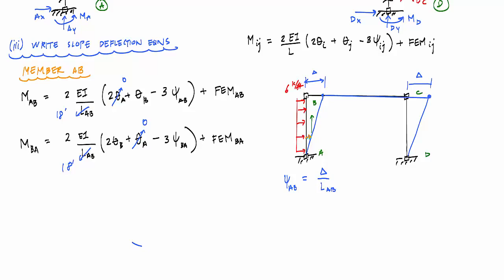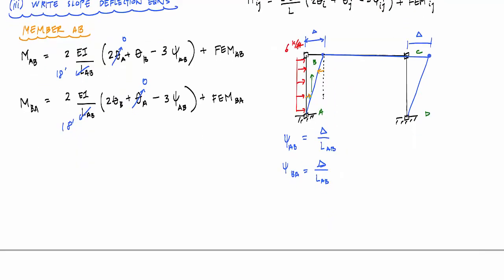And then again, if I look from the perspective of point B, here was the original, straight member AB, and my chord rotation was like this. That would also be a positive clockwise rotation, and psi BA is also equal to delta over LAB. Again, these units are in radians. All this tells you is that psi AB equals psi BA. So I'm just going to call this over here psi AB. Now I want to determine the fixed end moments of member AB.